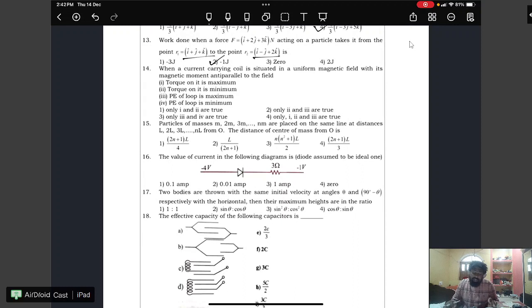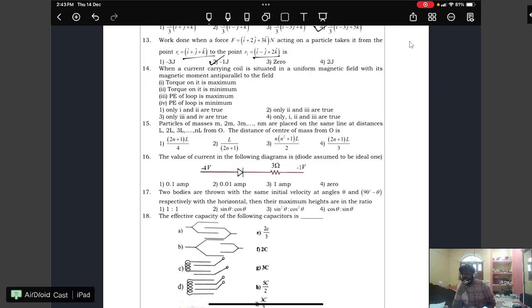Now the next question they are saying: when a current carrying coil is situated in a uniform magnetic field with its magnetic moment anti-parallel to the field. Magnetic moment anti-parallel to the field means 180-degree angle, unstable equilibrium, potential energy maximum. Potential energy is minus P E cos theta for electrostatics.